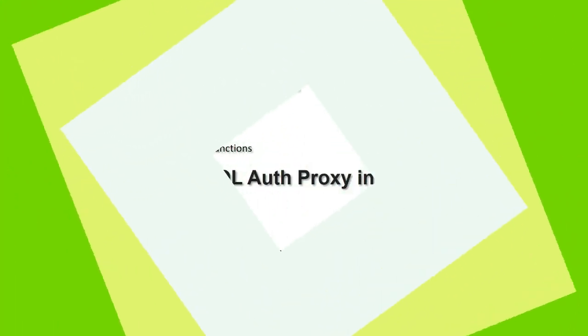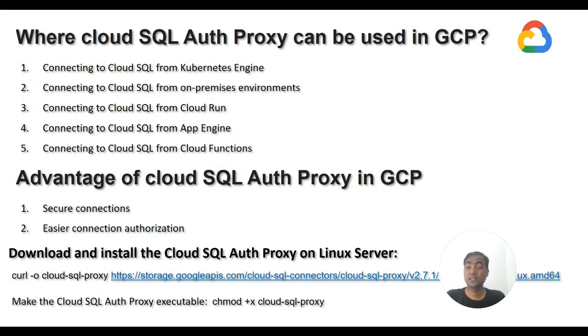Guys, as you can see here, Cloud SQL Auth Proxy can be used in Google Cloud Platform for connecting to Cloud SQL from Kubernetes Engine. Guys, Cloud SQL Auth Proxy can be used to connect to the Cloud SQL instance from a Kubernetes Engine application. This is a common scenario for companies that are building cloud native applications.